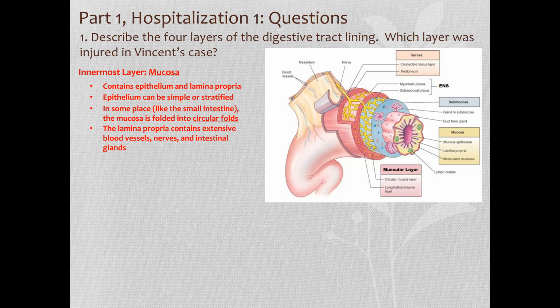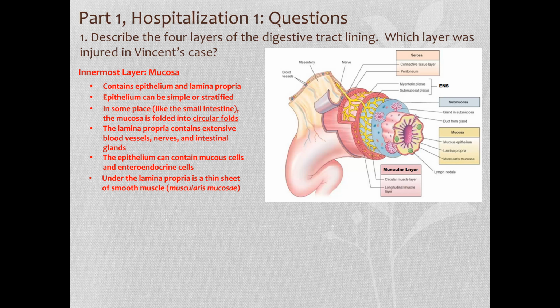The lamina propria contains extensive blood vessels, nerves, and intestinal glands. And the epithelium can contain mucous cells and enteroendocrine cells. Under the lamina propria, there is a thin sheet of smooth muscle called the muscularis mucosae.